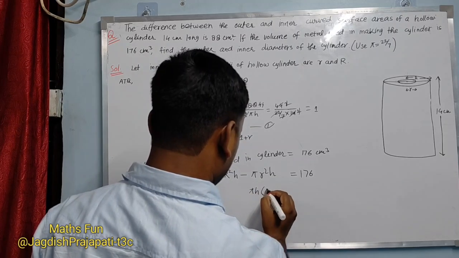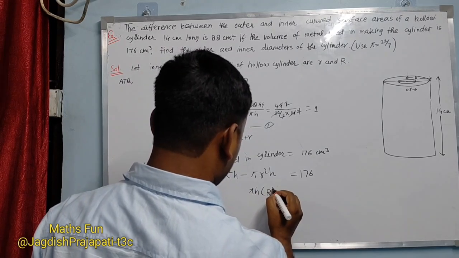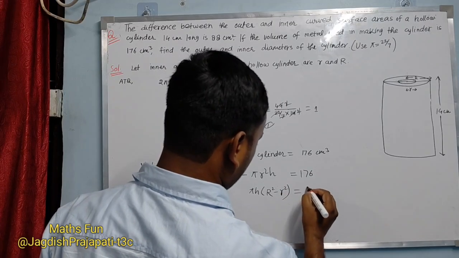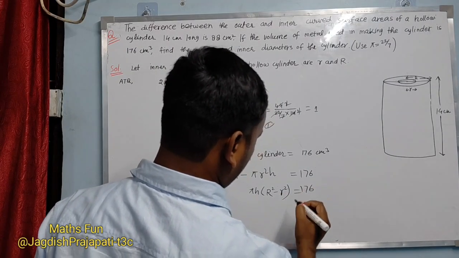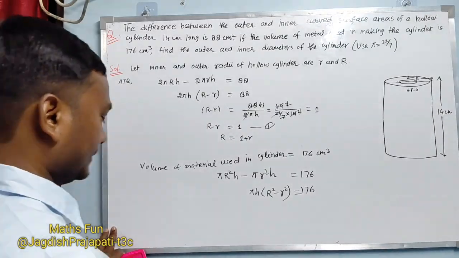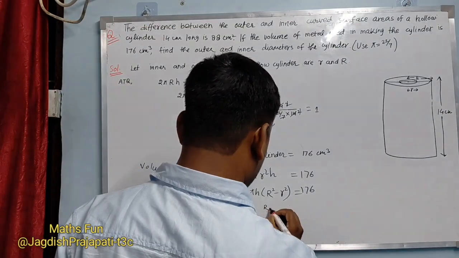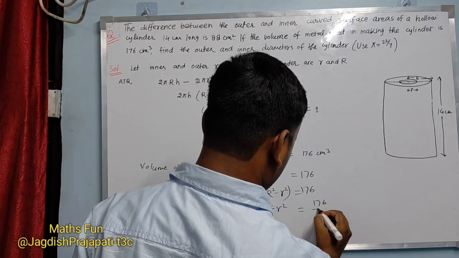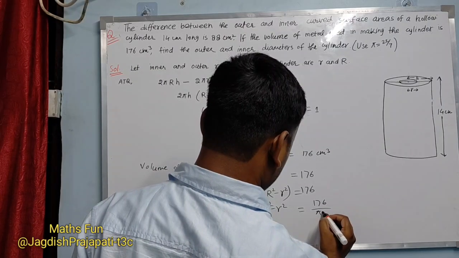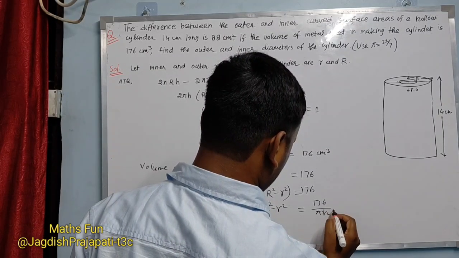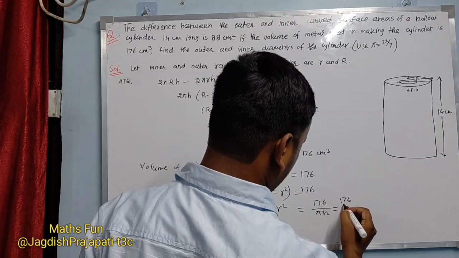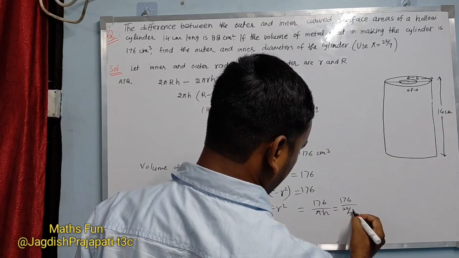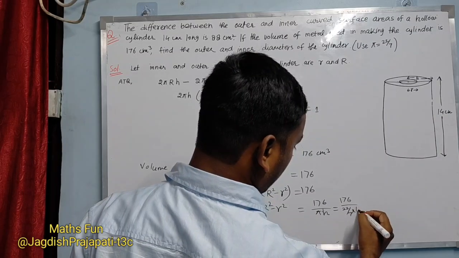Here pi and h are common. So capital R square minus small r square will be 176 by pi h. This is 176 by 22 by 7 into h. h is 14.